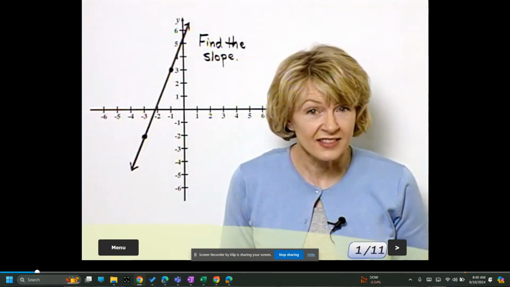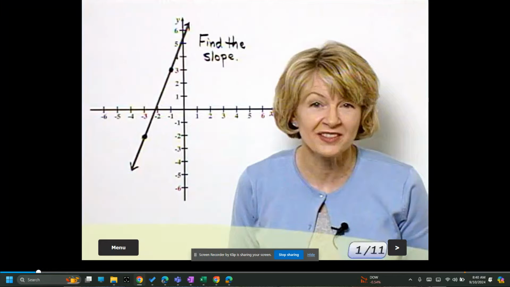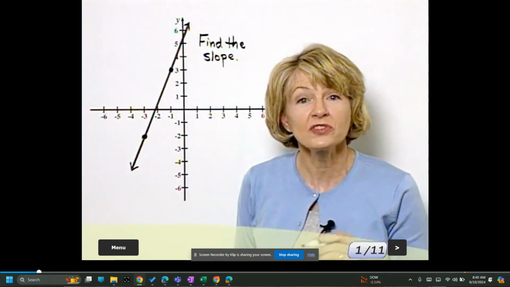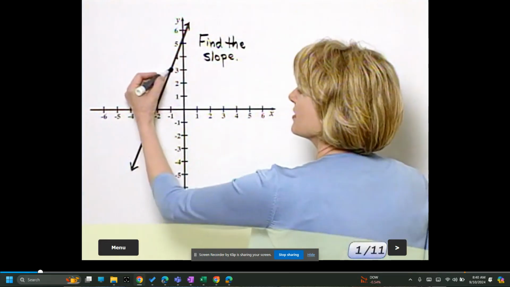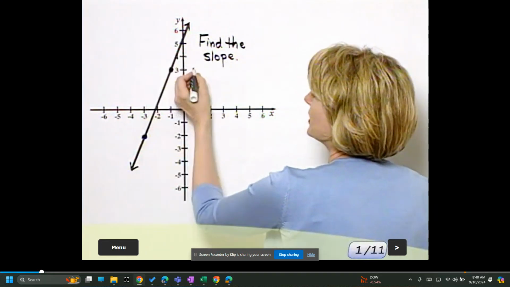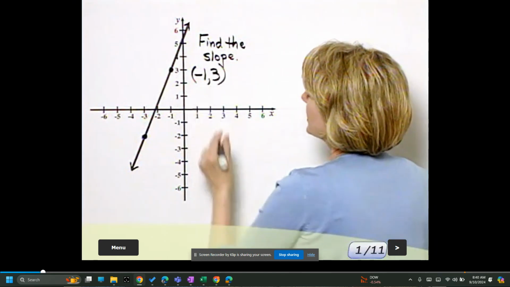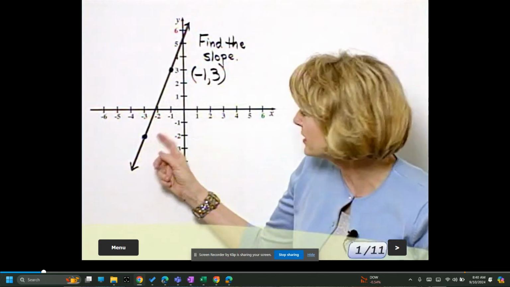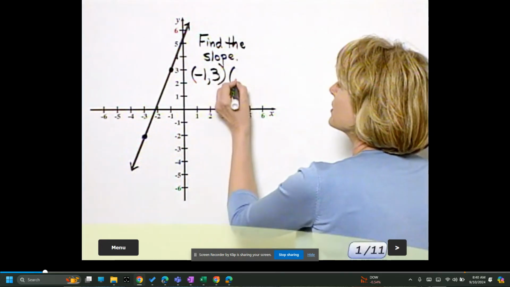So let's use that slope formula, and let's find the slope of the line through these 2 points. To do so, first let's find the coordinates of the points. This point has coordinates -1, 3. And then this point has coordinates -3, -2.